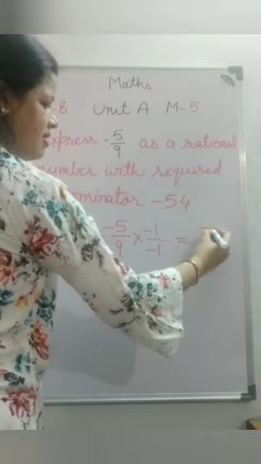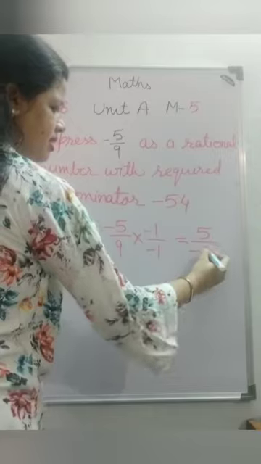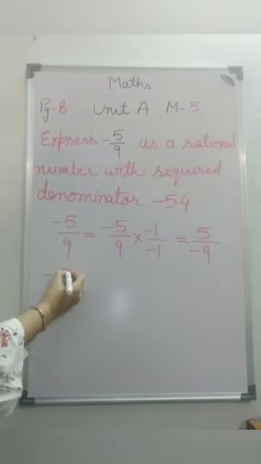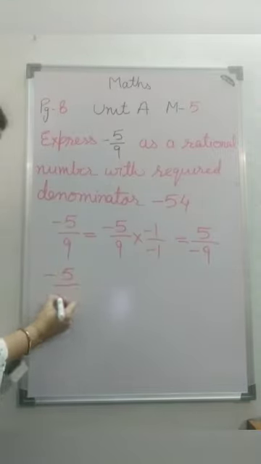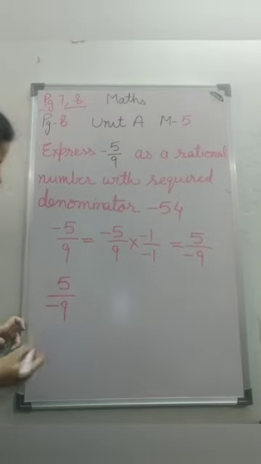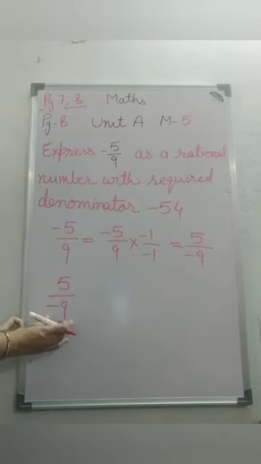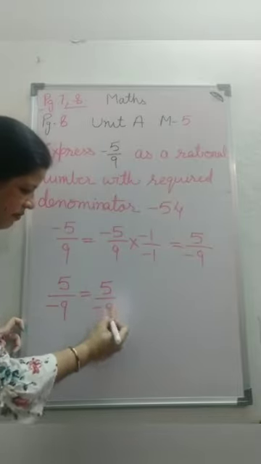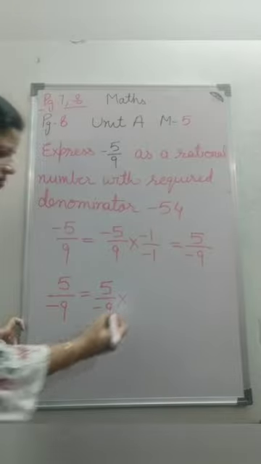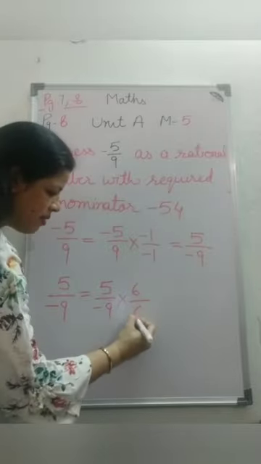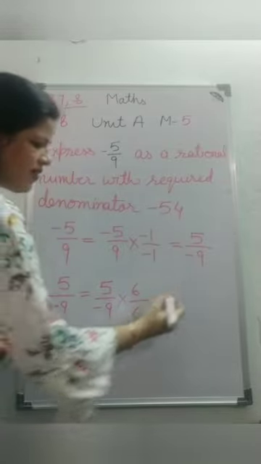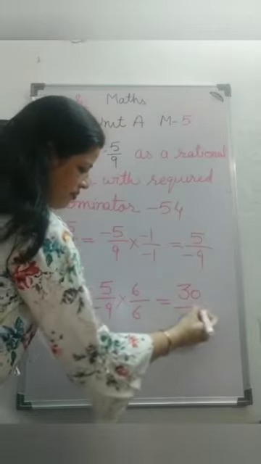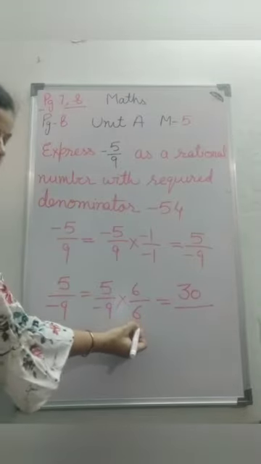Minus minus is plus and this becomes minus 9. Now by which number do we multiply minus 9 so that the denominator becomes minus 54? 9 into 6 is 54. So we multiply it by 6 upon 6. 5 into 6, 5 sixes are 30, and 9 into 6, 9 sixes are 54.